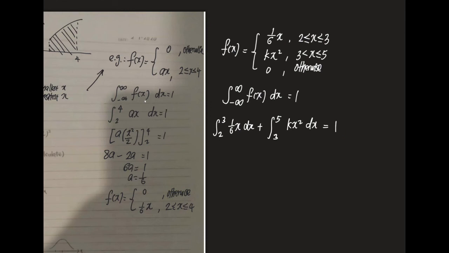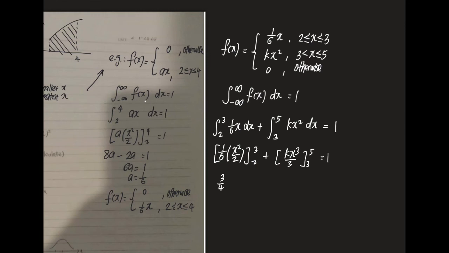That's the idea. Then we integrate 1 over 6, x squared over 2, from 2 to 3, okay, x cubed over 3, from 3 to 5, equal to 1. So we get something like this, and then we substitute 3 into x, so I get 3 squared, 9. 9 over 6 times 2, 12. 9 over 12, 3 over 4.